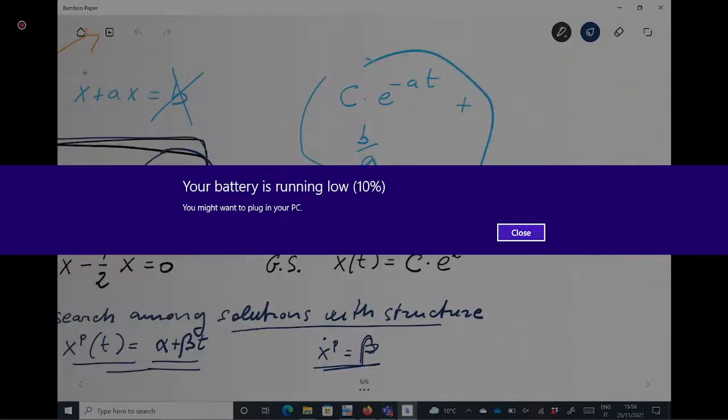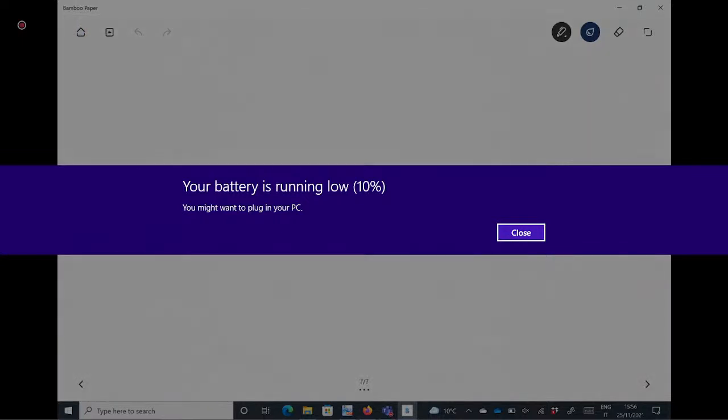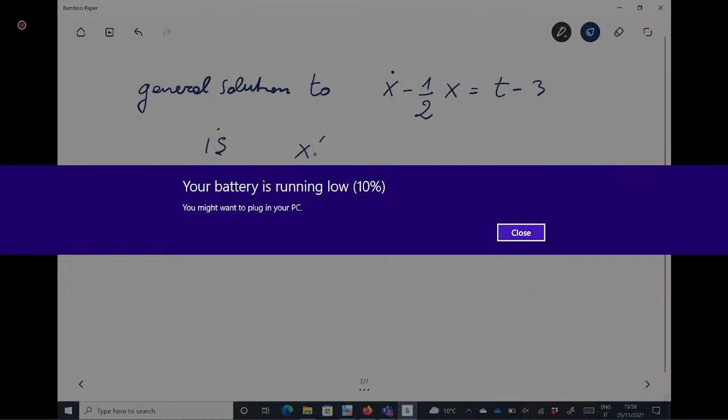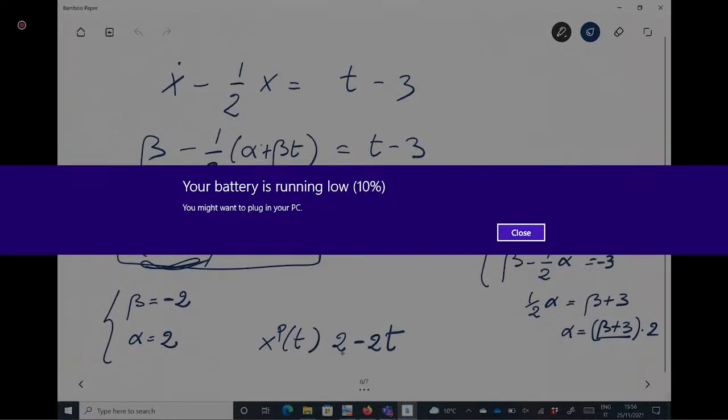So the general solution to my system, which was x dot minus 1/2 x equal to t minus 3, is x of t equal to c exponential 1/2 t plus this one, x p of t, 2 minus 2t.